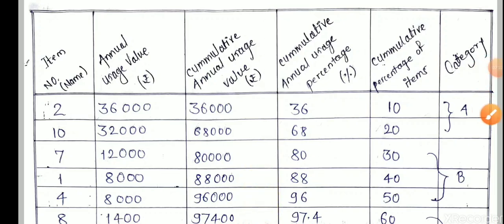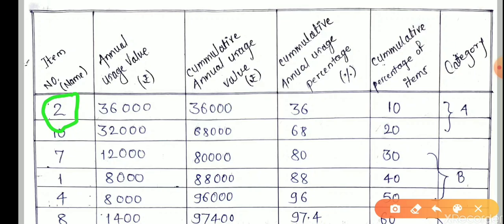Now consider the meaning of item number, annual usage value and cumulative usage value. How does the cumulative usage value come? What is the meaning of this? Item number 2 is the name of an item; it may be A, B, C, D, or it may be its ID or its name. These items consume or have a value of 36,000 per year.